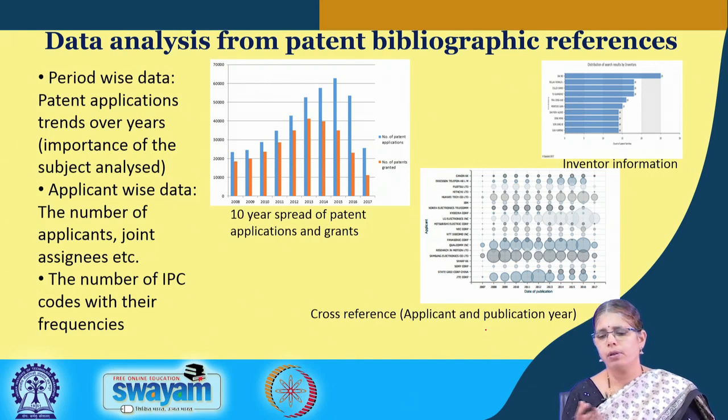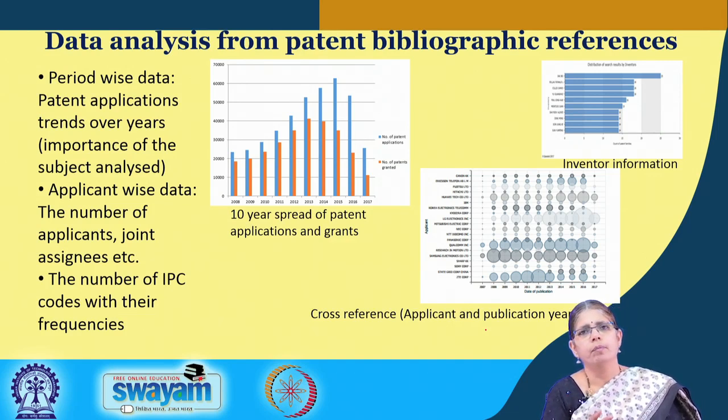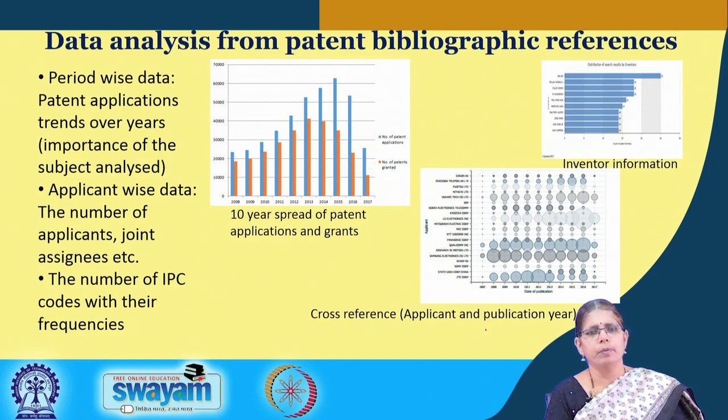One can actually get a lot of information in relation to who are the people actually practicing this particular technology by the assignee-wise information, and one can also look at the inventor information. So, what you see in this panel is the inventor information in relation to a particular area.